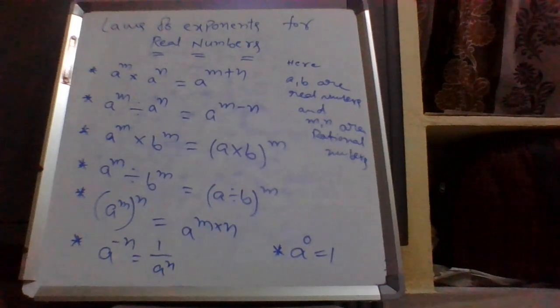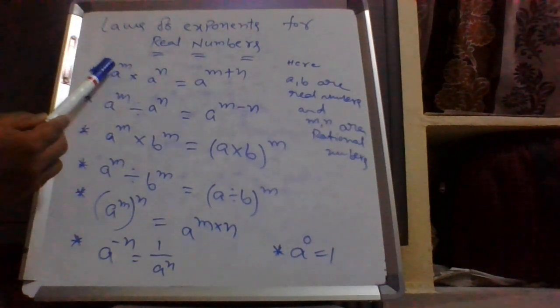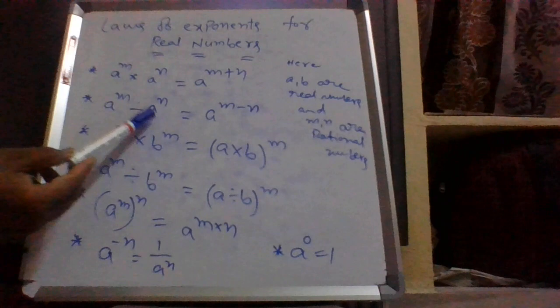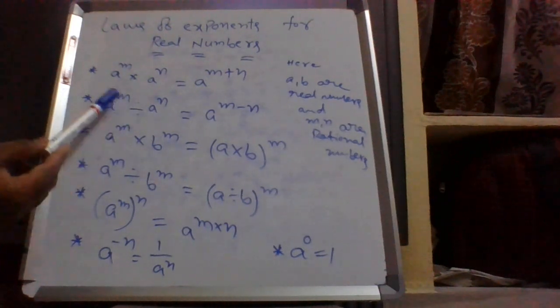So these properties you have already done in your 8th class. Just roughly I'll tell you once. That is a power m into a power n: if bases are same and they are in multiplication, add the powers. If the bases are same and they are in division, then subtract.